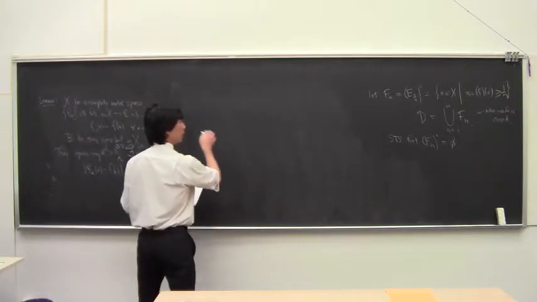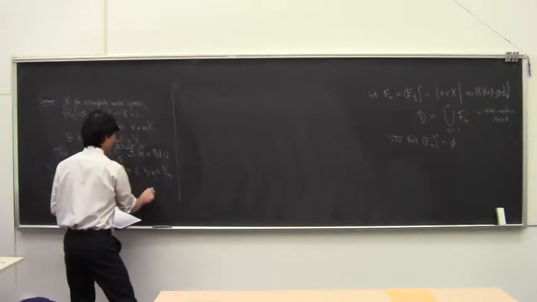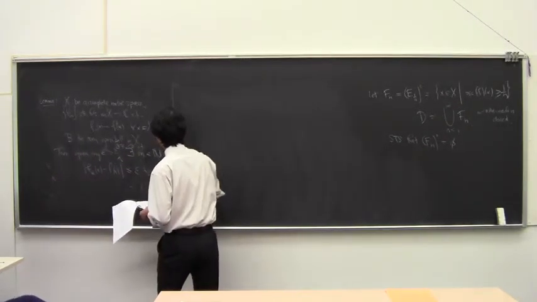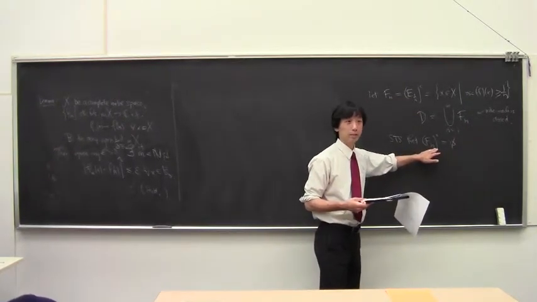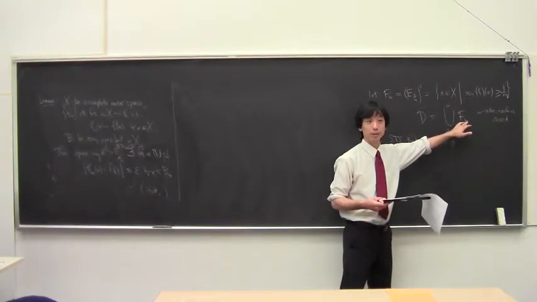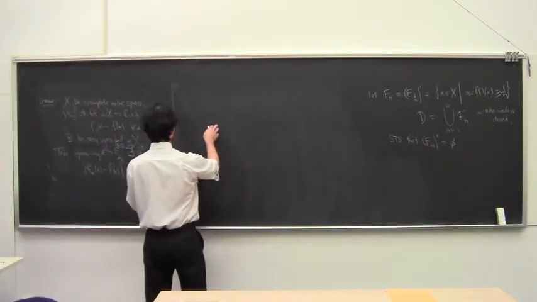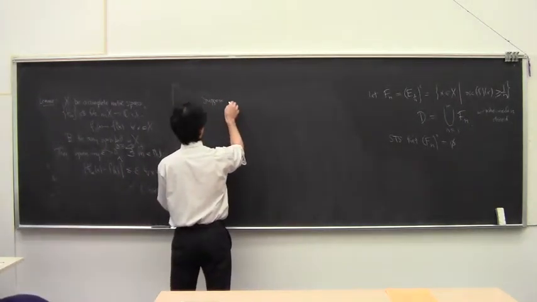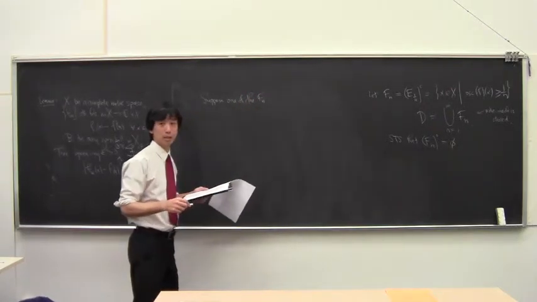Okay. So right, we want to show that each of these guys has an empty interior. Right? We want to show that each of the F_n is nowhere dense. Okay? So well, suppose that one of them is not nowhere dense.